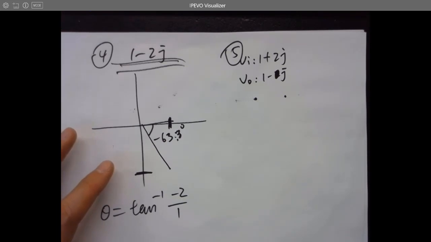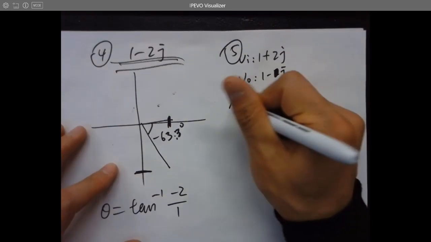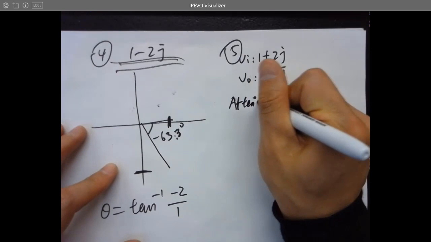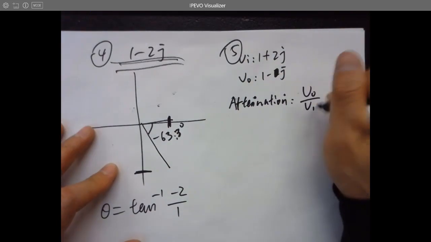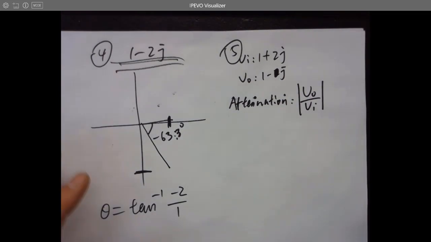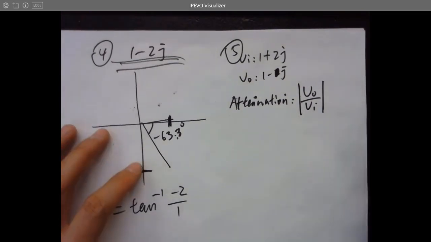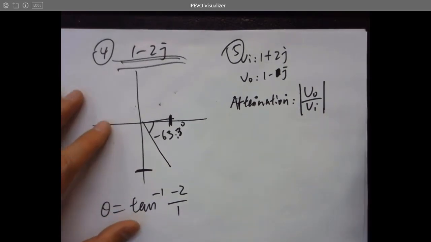Now let me know, what is the attenuation? So the attenuation is V out over V in, the absolute value of that ratio. Can you calculate that?